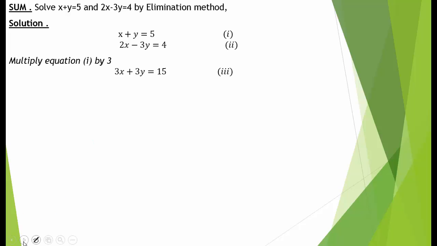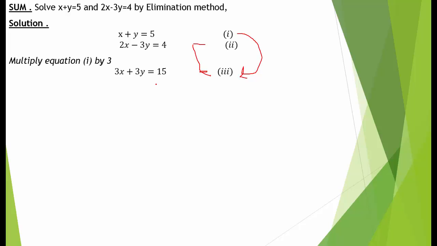Now we have to eliminate one variable. For this we will add or subtract depending on the situation. This equation 3 is equation 1 rewritten after multiplying it by 3. So we will compare equations 2 and 3.